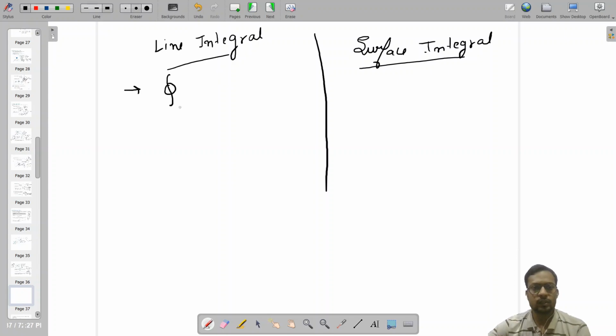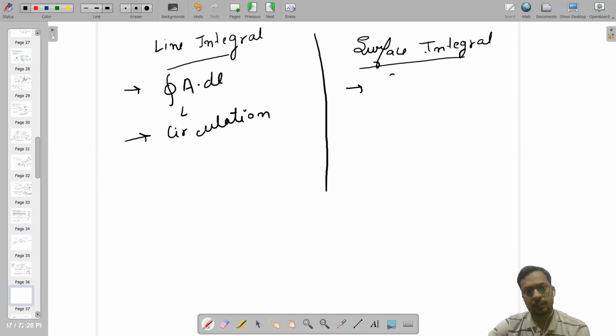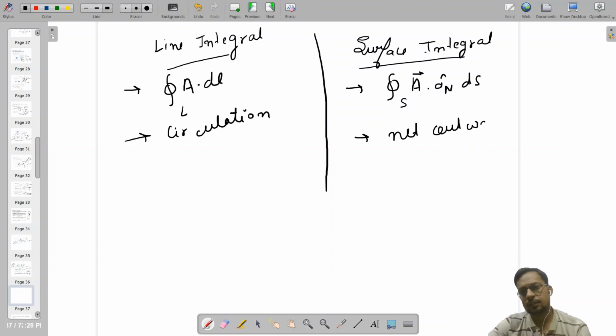The closed line integral of A dot dl is called circulation. However, the closed surface integral of vector A along its normal vector to the surface ds is called net outward flux.